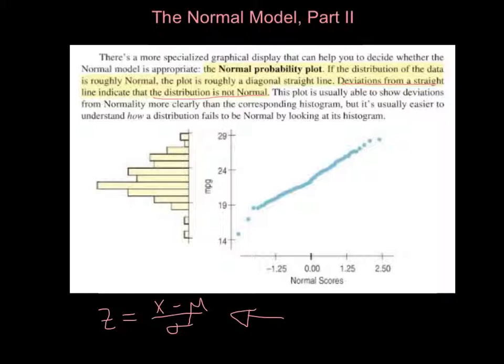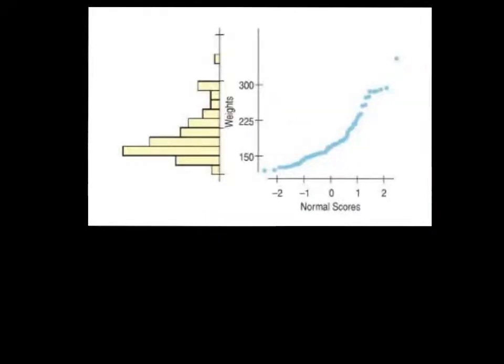Let's check and see an example of one that doesn't pass the bar. As we see on this slide, there's a definitive curve right here. It's not roughly linear.